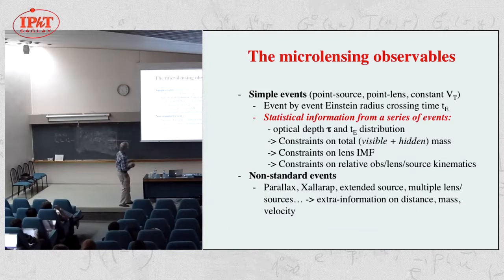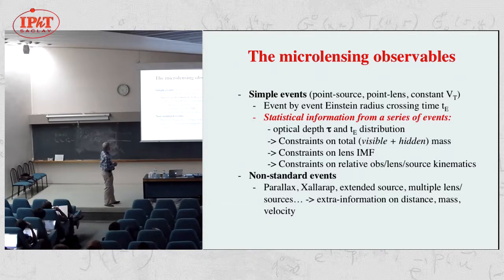You get degenerate information on masses and on the kinematics of the population. So you can extract some constraints on the initial mass function of the lenses, and also constraints on the relative kinematics between the observer, the lens, and the source.